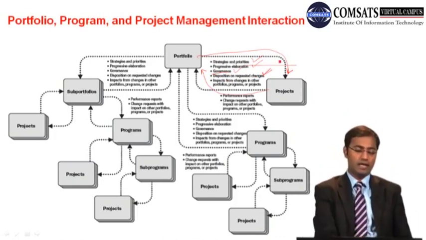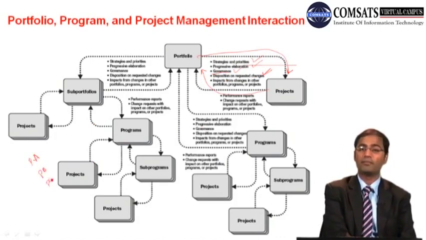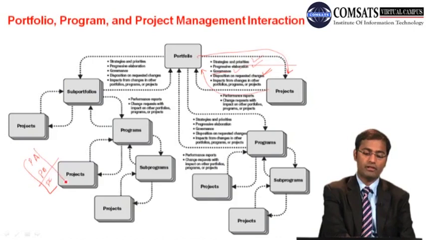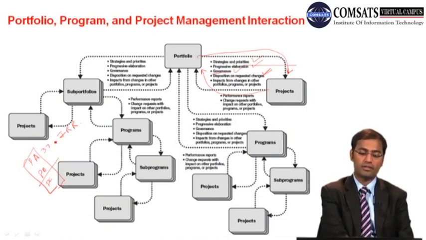So let's say we have project A, project B, and project C, and we need to select two projects. We are basing our decision on profit, or internal rate of return, IRR. So IRR for project A is 37%, for project B 26%, and for project C 15%.